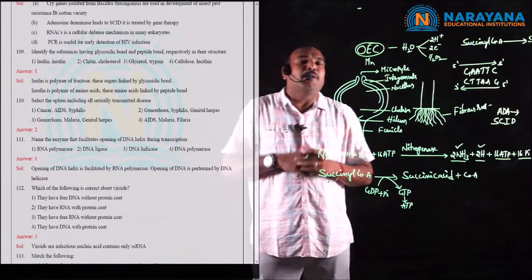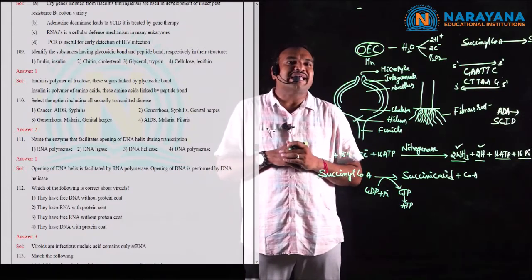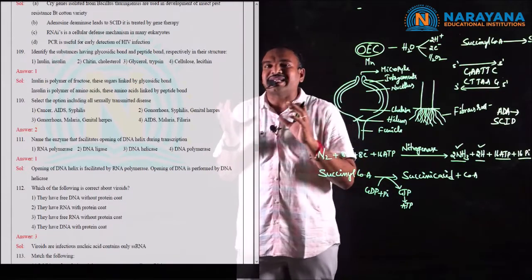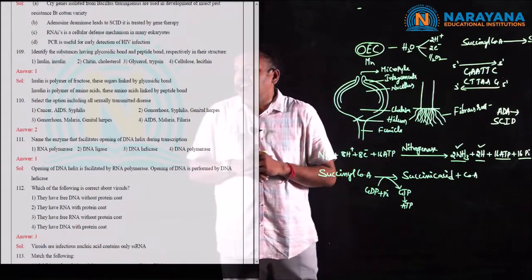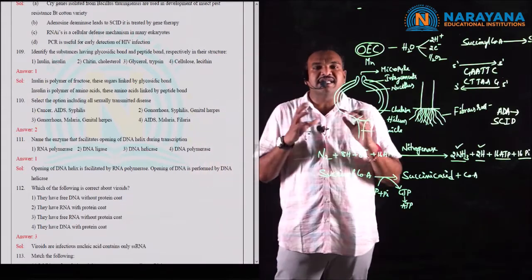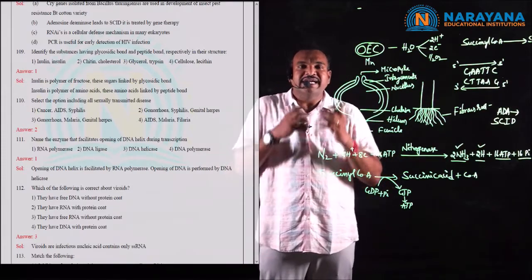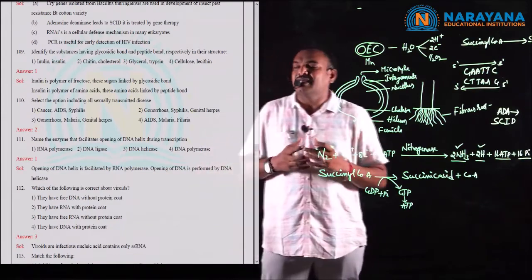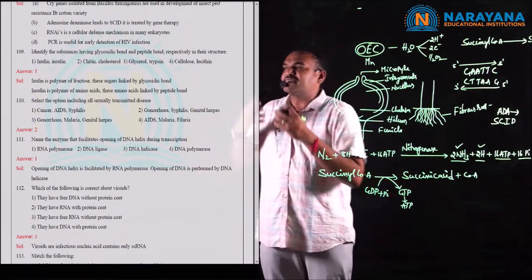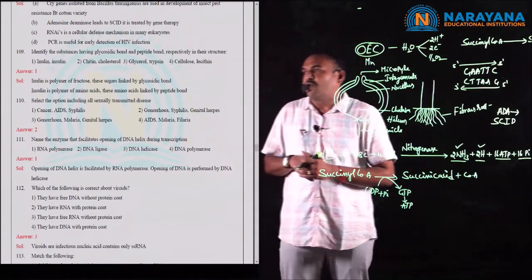Inulin is a polymer of fructose, and the fructose molecules are linked by glycosidic bonds. And the next one in the first option is insulin. Insulin is a polymer of amino acids. It is a polypeptide chain, which means amino acids are linked by peptide bonds. That means the first option is the right option for question number 109.